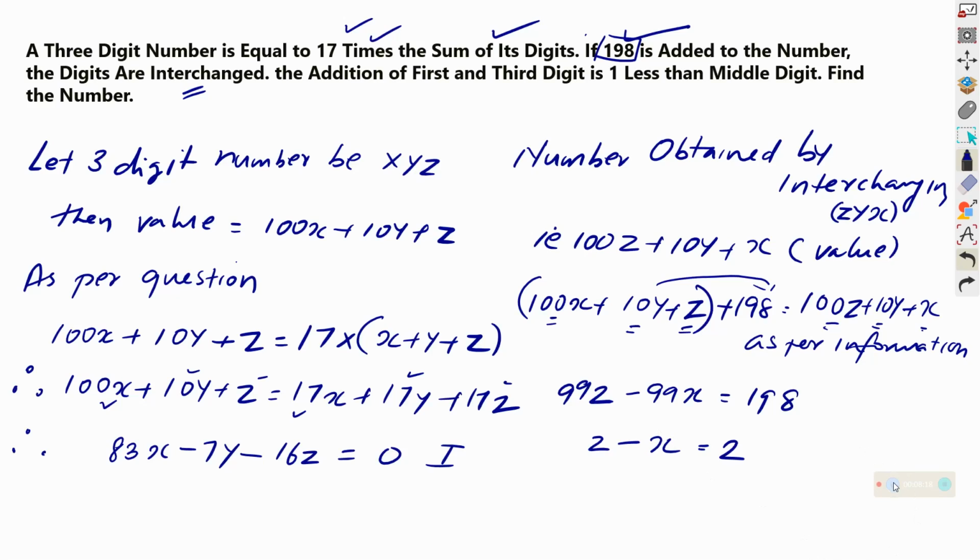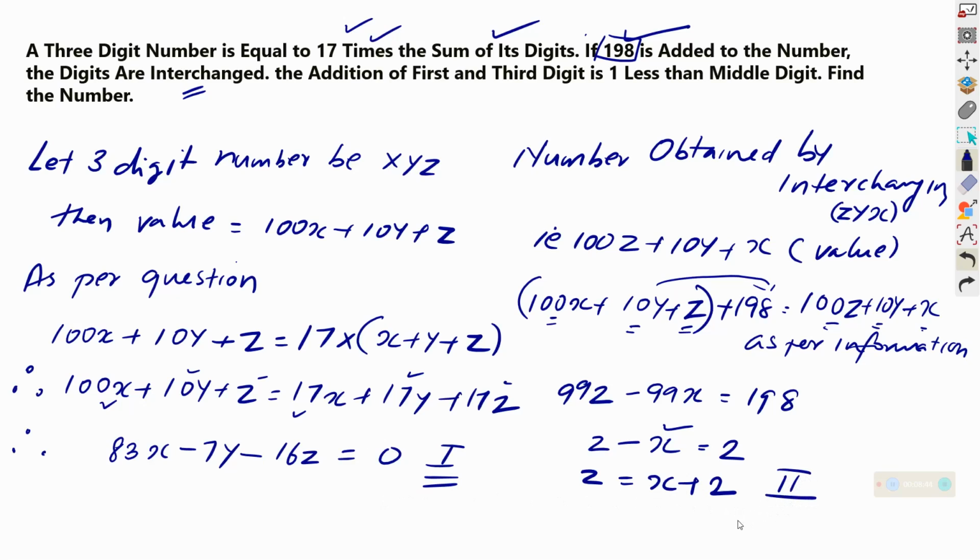By simple substitution we could solve it. So 83x minus 7y minus 16z is equal to 0. Another equation is z minus x is equal to 2. We should keep this in mind, otherwise z is equal to x plus 2. Here is an equation, here is another equation.